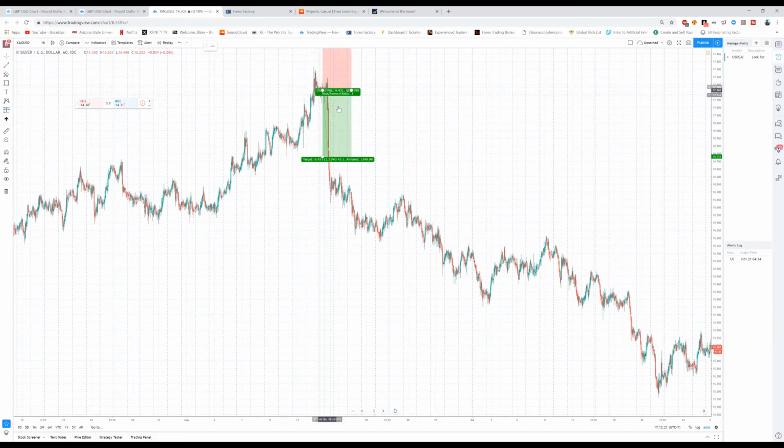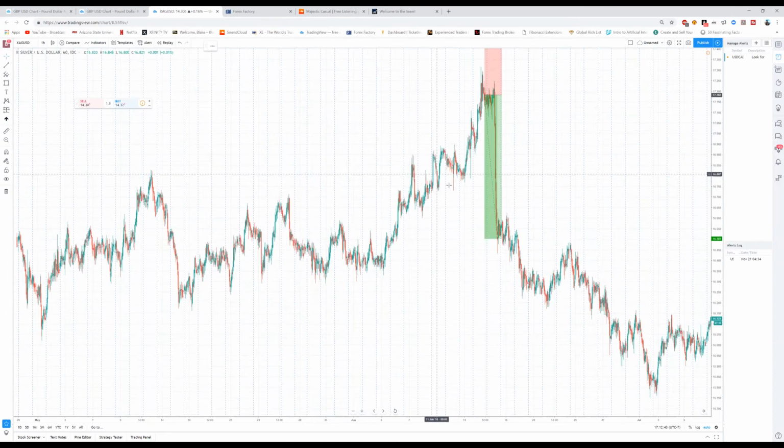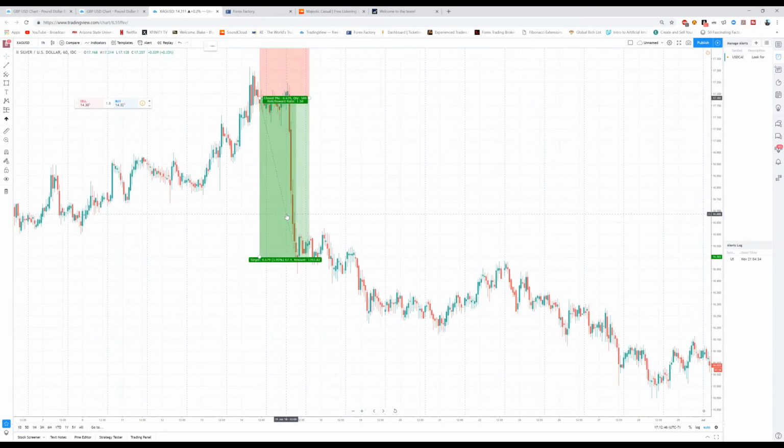Anywhere within there is absolutely great. It doesn't matter if you got a sell there, a sell there. Anywhere in this area, if you could sell it, not have a take profit, only have a stop loss, and hold a trade for maybe just one single day, you'd be up a lot.